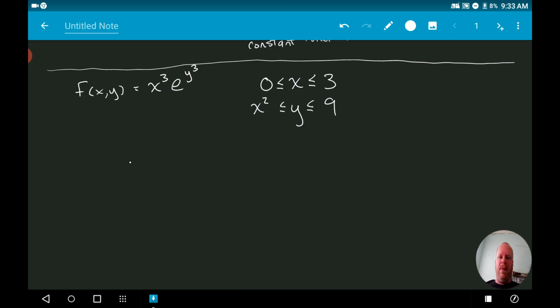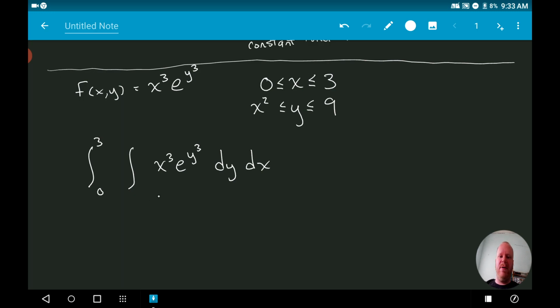So I'm going to set up this double integral. I've got the double integral. Here's my surface. And then thinking about trying to get these functions on the interior integral and constants on the outside integral, I want to have dy for the interior integral, dx for the exterior integral.